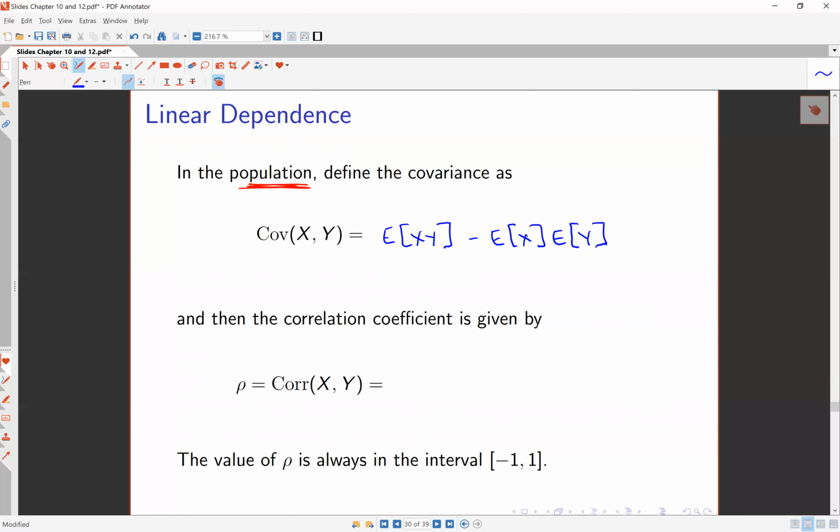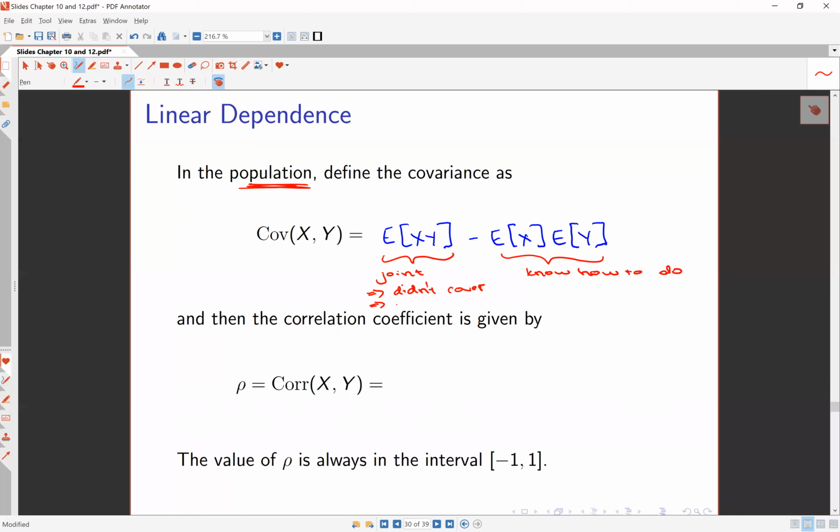Now, you know how to calculate those individual expected values. But the joint component here, we didn't cover that in class. And I'm not going to ask you to do this calculation. I am just telling you what the formula is.